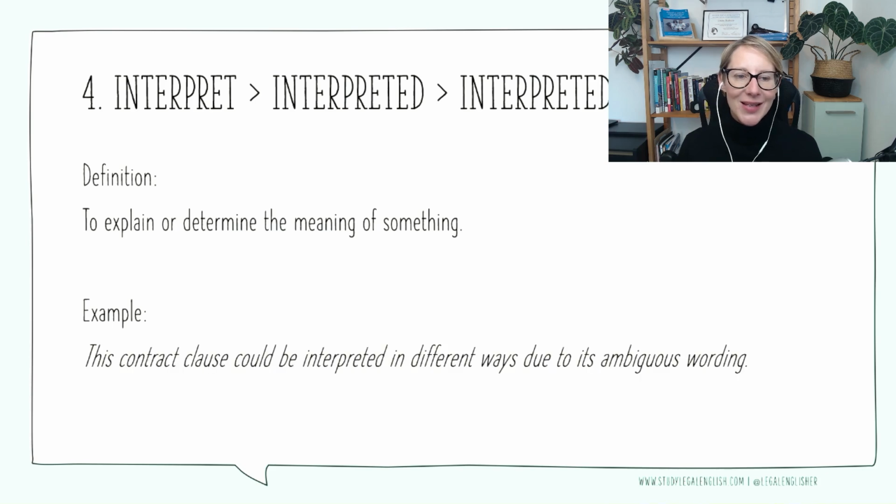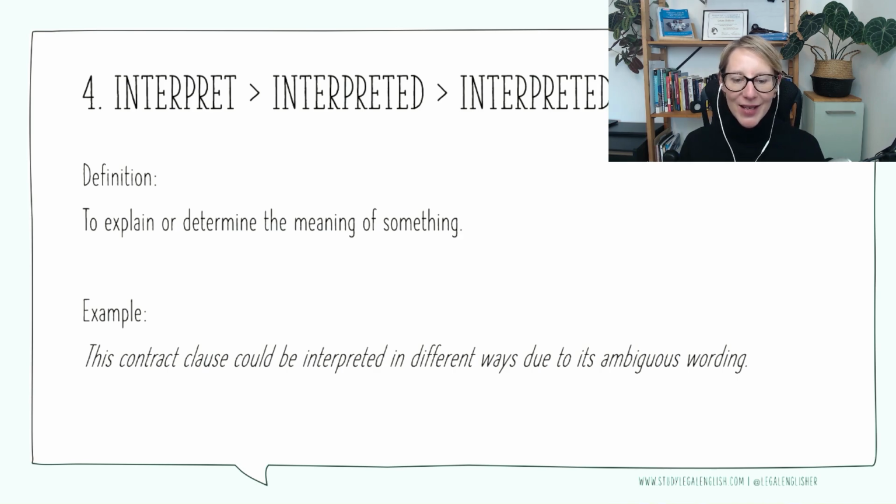An example sentence is, this contract clause could be interpreted in different ways due to its ambiguous wording. Perhaps the wording of the contract clause is not very clear, it's not precise, and therefore one party could argue that it means a particular thing, and on the other hand, the other party could argue that it means something else. It can be interpreted, it can be determined, analysed and explained in different ways.